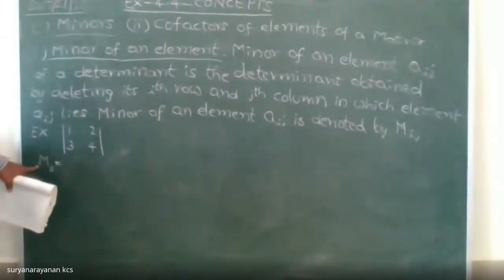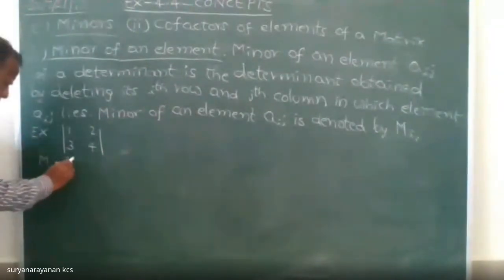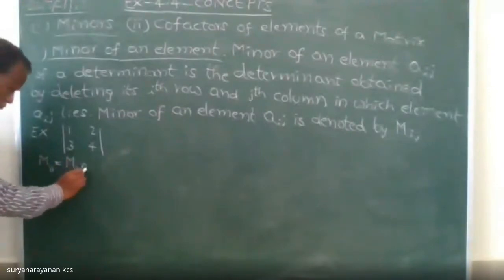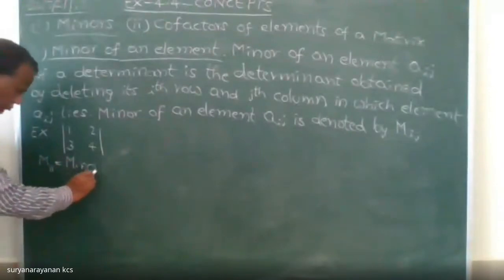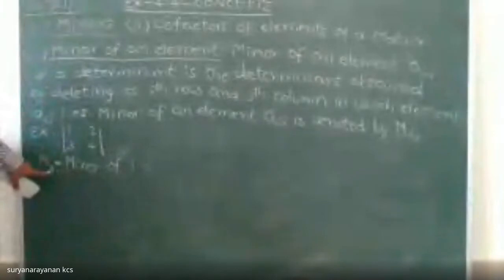M11 denotes minor of 1, the minor of the first row, first column element.